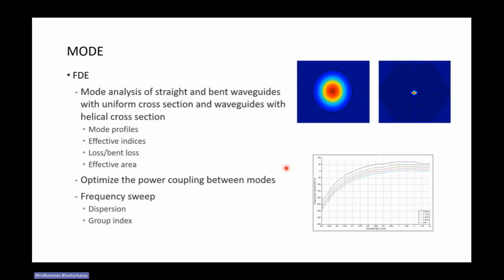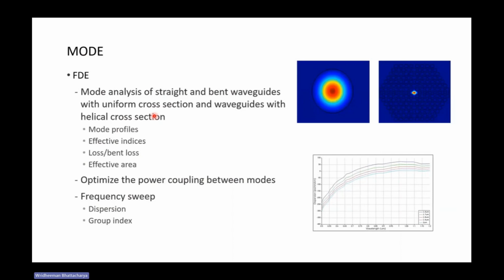As I was mentioning, if anyone does the simulation directly in FDTD and tries to change all the parameters manually and study it, it takes a lot of time. So basically, the flow should be optimizing small parts in FDE.